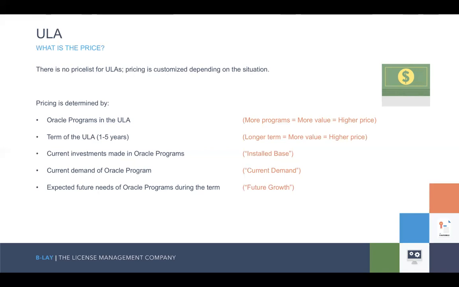All those parameters that actually have an impact on what Oracle would call the future demands, together with the other parameters that I just mentioned, are taken into account by Oracle in order to determine the price.